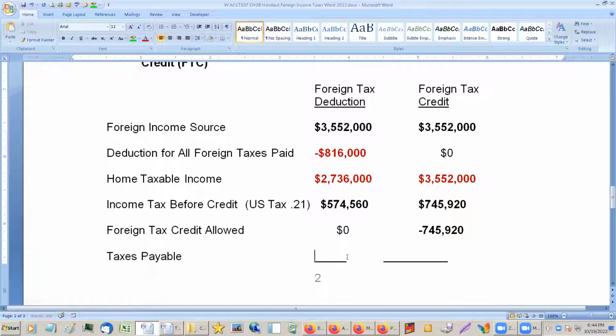So for this one, the tax bill would be 574, and the additional tax here.